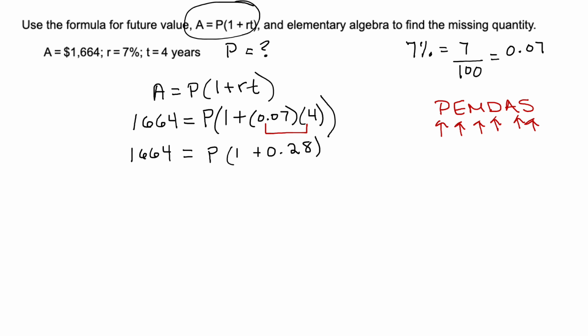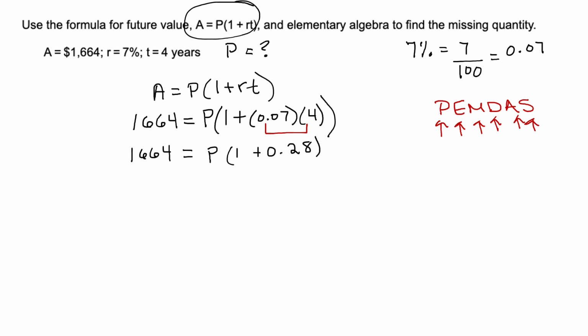This gives me 1,664 equals P times 1 plus 0.28. Again, now we have to work inside the parentheses again, and the next operation in parentheses is addition.